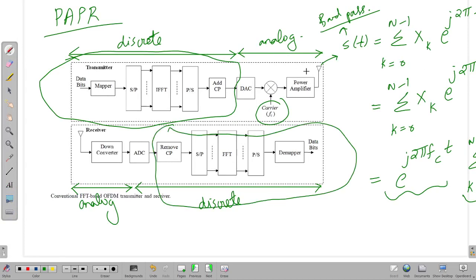We assume that the rest of the processes, the DACs, the power amplifiers, everything works perfectly. And during the simulation or when we are working on problems, we often consider only this discrete part.